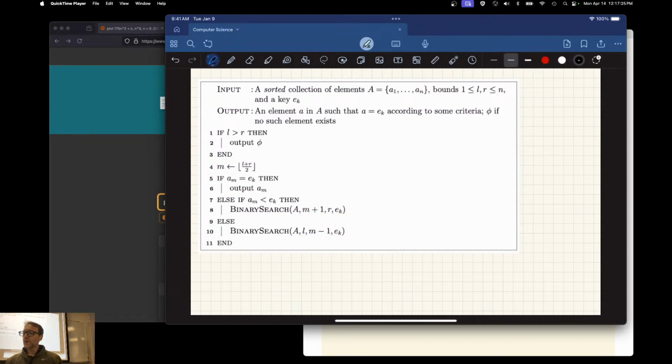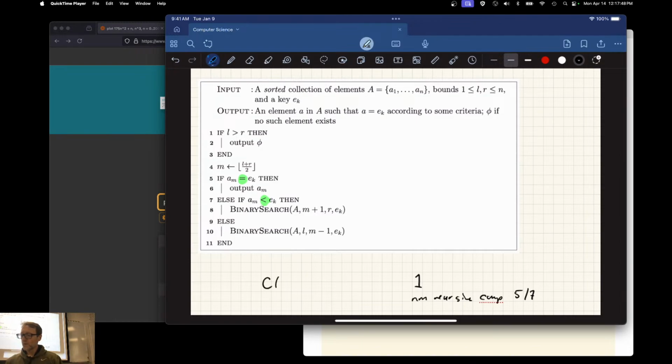Once again, what is our elementary operation here? Well, the same as before in our other analysis, we're going to collapse that down into one comparison. So our non-recursive cost here is one comparison, the comparison on lines 5 through 7.